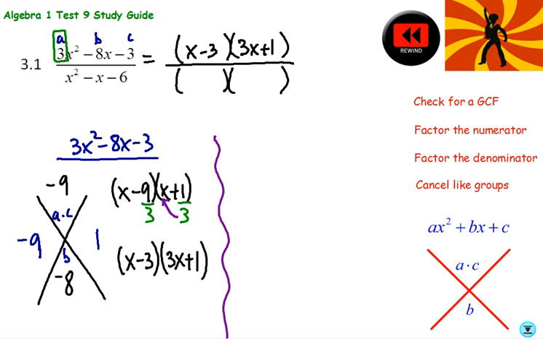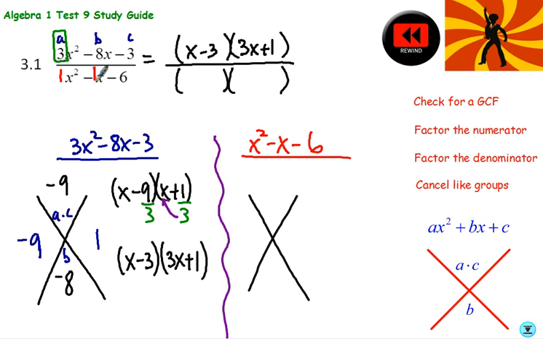So let me take the bottom of the fraction, which is x squared minus x minus 6, and I want to do the same thing. All right, a, b, and c. Well, let's label that out, see what we come up with. So my a is 1, my b is a negative 1, and c is a negative 6.